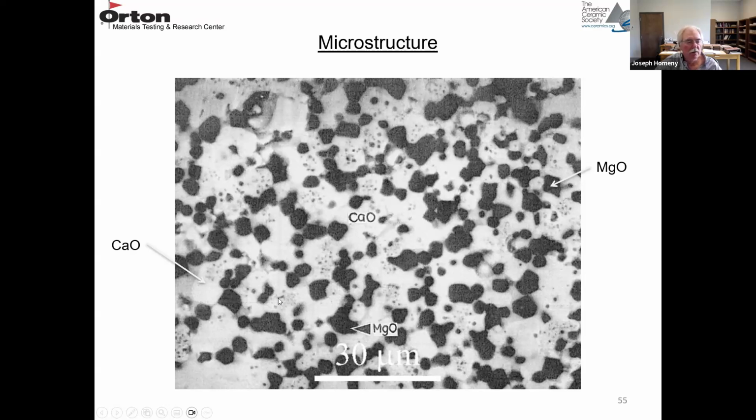They're internal pores in the lime matrix, the lime crystals. But you have MgO crystals dispersed in a continuous lime matrix. The bar is 30 microns, so these crystals are fairly small. These are 5 to 10 microns. Maybe the CaO crystals are a little larger.